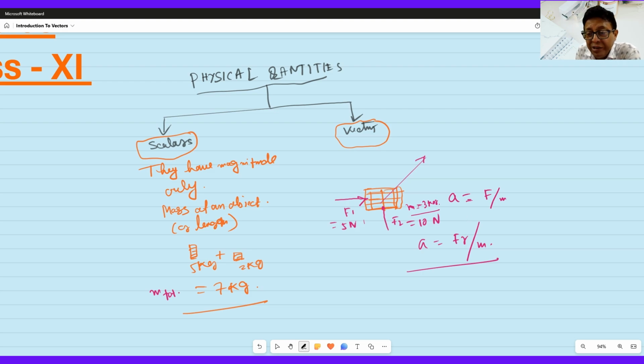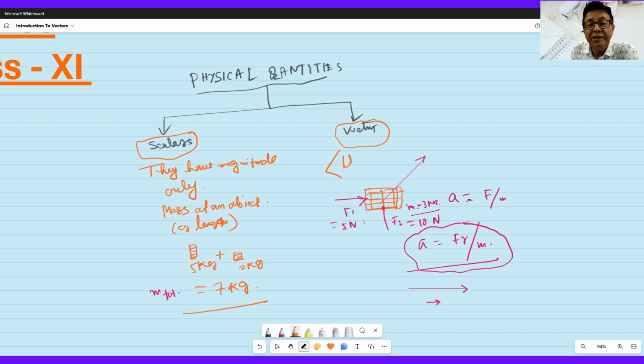But when you are going to represent a vector quantity, then you have to use one arrow like this. This arrow may be shorter, there is no problem. But you have to put an arrow to represent a vector quantity. This vector quantity has both magnitude and direction.